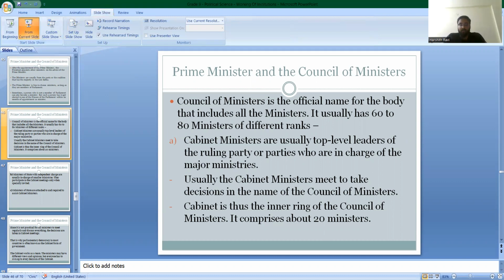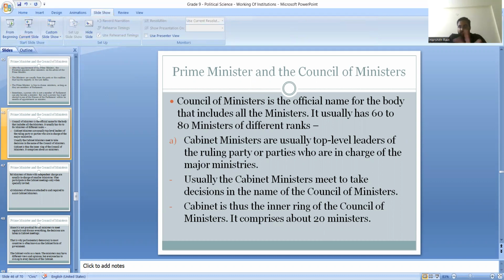Right. All right. So, in the previous discussion, we had essentially discussed how the cabinet of ministers, or rather the council, or rather the prime minister, is appointed by the president. The whole process of the Lok Sabha elections happening, the majority party being declared in the Lok Sabha, then the leader of that majority party is then appointed by the president.